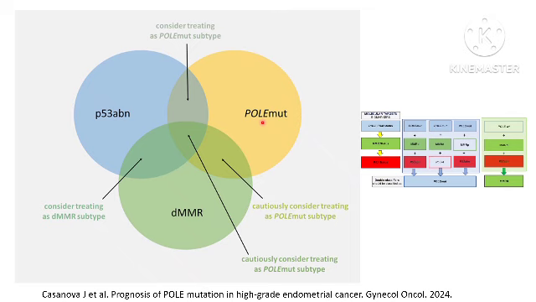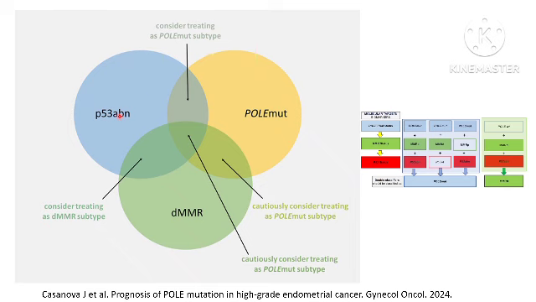That's why they mentioned that if the tumor harbors a POLE mutation and dMMR, it should be cautiously considered as a POLE-mutant subtype and treated as such, due to the sparse literature available for this category. Whereas if the tumor has a POLE mutation and a p53 abnormal subgroup, abnormality on IHC or NGS, it should be considered as POLE-mutant subtype.